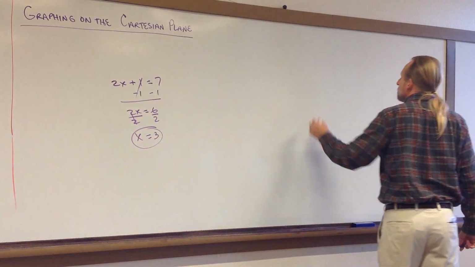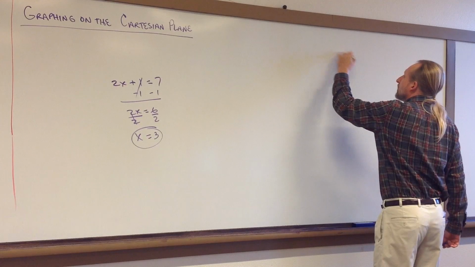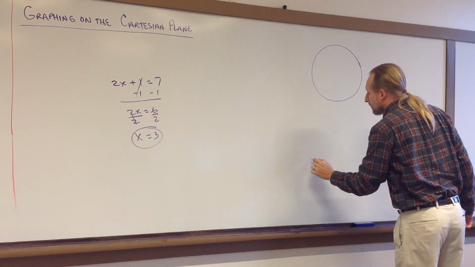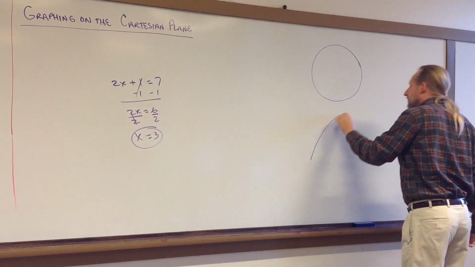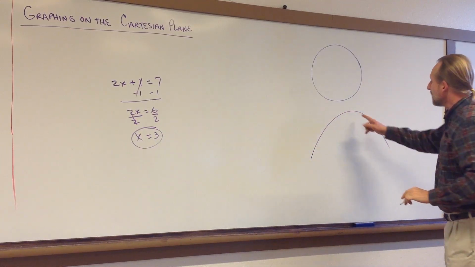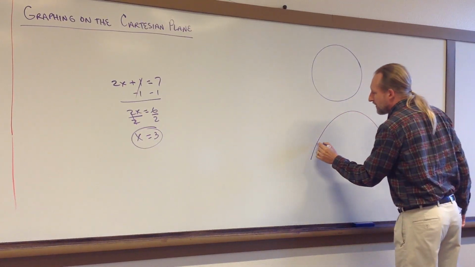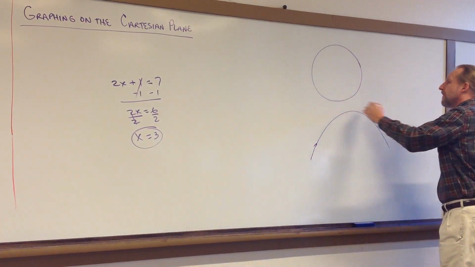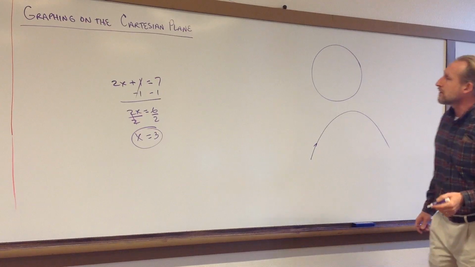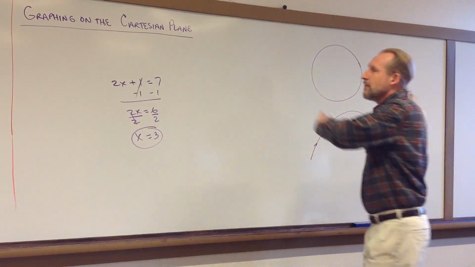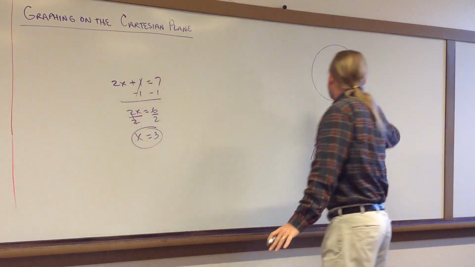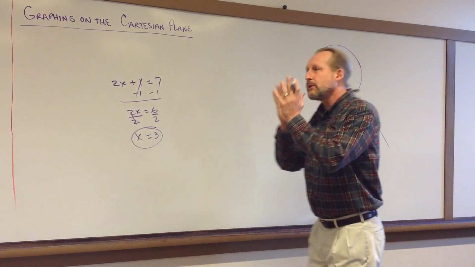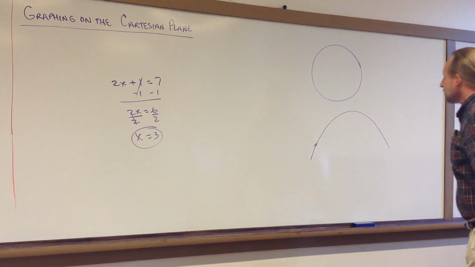And then mathematicians also did geometry. They worked with circles, they worked with these curves that are called parabolas. So this is the shape, if you've never thought about it, that something takes when you throw it through the air. It follows what's called a parabolic arc. Okay? And so mathematicians worked with algebra, mathematicians worked with geometry. The Cartesian plane brought these two things together.